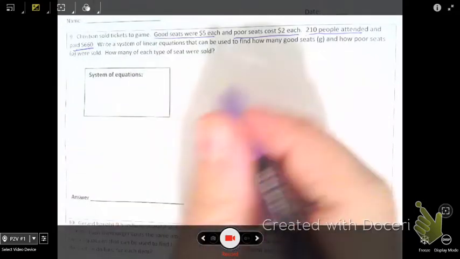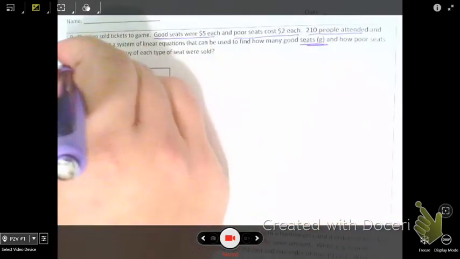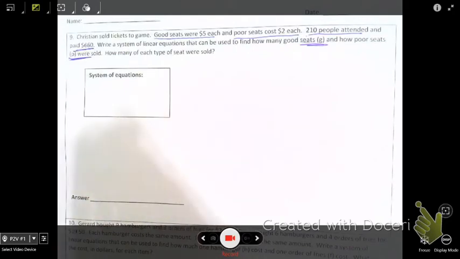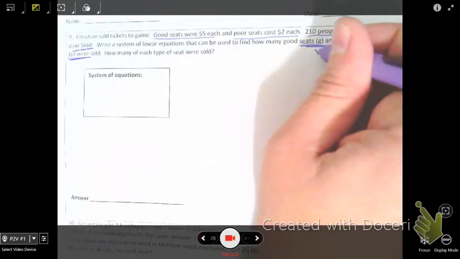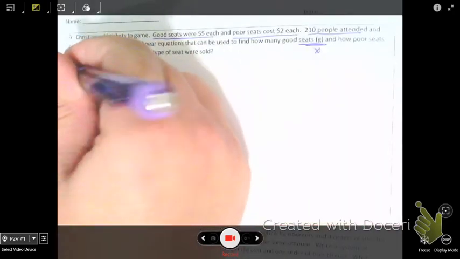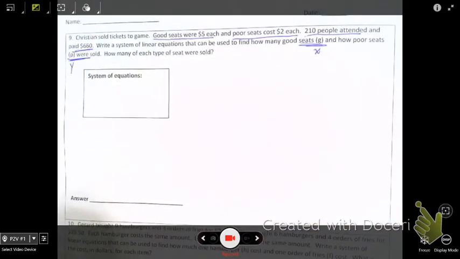Okay? G, good seats. P, poor seats. If you want to use X and Y, you absolutely could. If you're doing that, I would do good seats X, poor seats Y. And nosebleed seats, like ones that are way up in there, up in the stands.